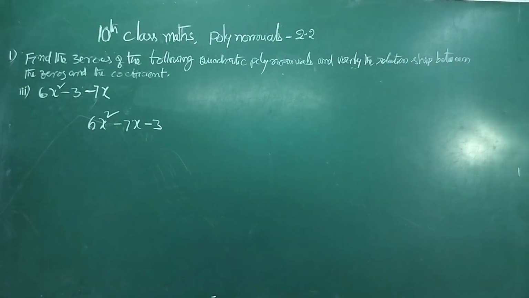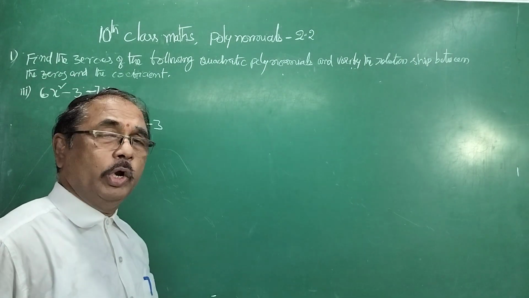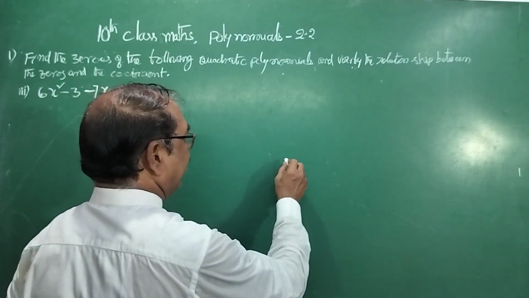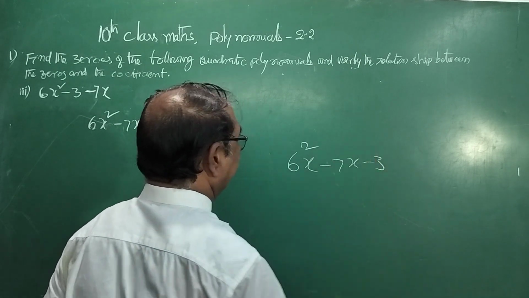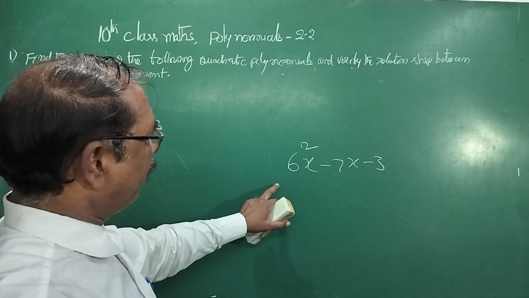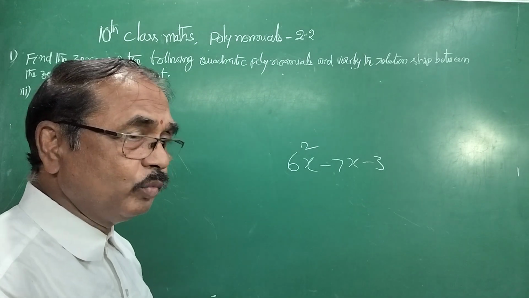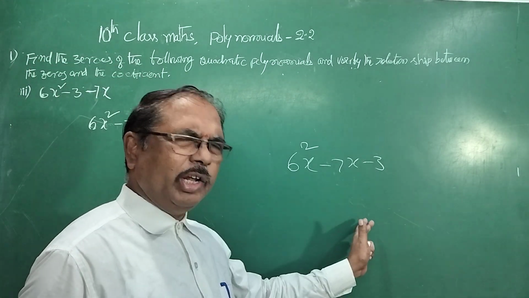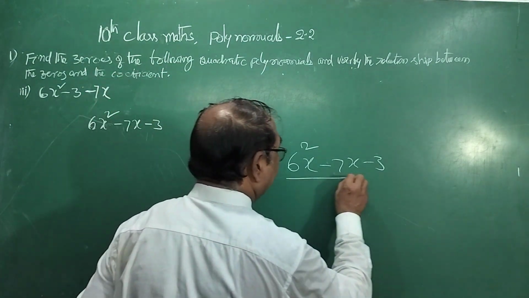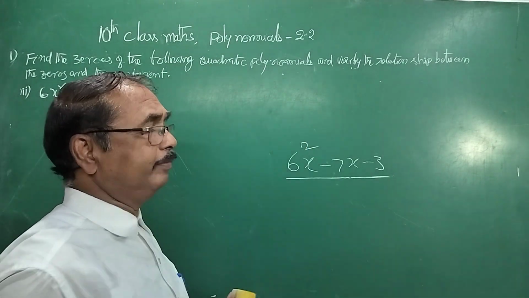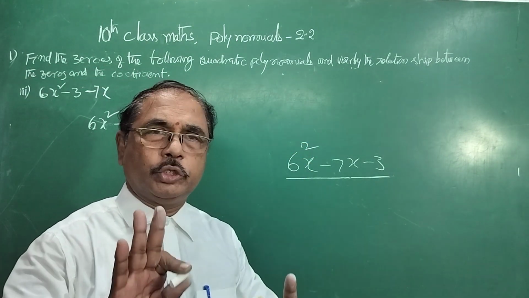For the quadratic polynomial, how many zeros are there? Suppose 6x square minus 7x minus 3. It is a quadratic polynomial. How do we know whether it is a quadratic polynomial or not? Yes, in this polynomial, the highest exponent is 2.